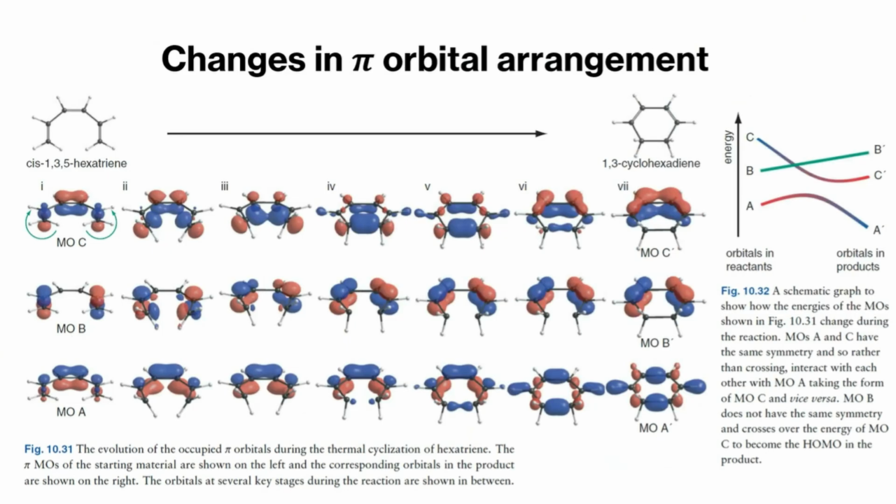With heat or UV light, the p orbitals can rotate, which allows for a reshifting of pi bonds and forming of new sigma bonds. In addition, here are the energy plots as the reactants go to products. You can see there is a lowering of energy, and especially how molecular orbitals C and B change. There's no crossing in energy, and that's because they have the same symmetry.